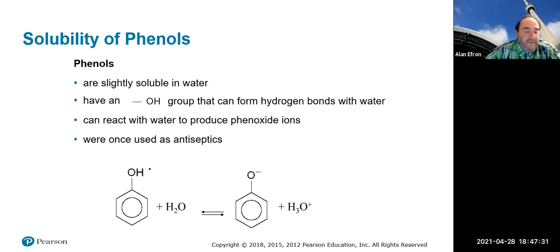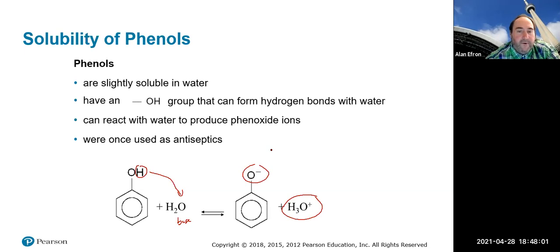Solubility of phenols. If you remember, we also talked about phenols, which are alcohols, but they contain a benzene ring, and they're also slightly soluble in water. They can react with water, producing a hydrogen bond, and they react almost like an acid-base reaction, where that acts as an acid, this guy acts as a base, and obviously we create H3O plus here and O minus in this case.